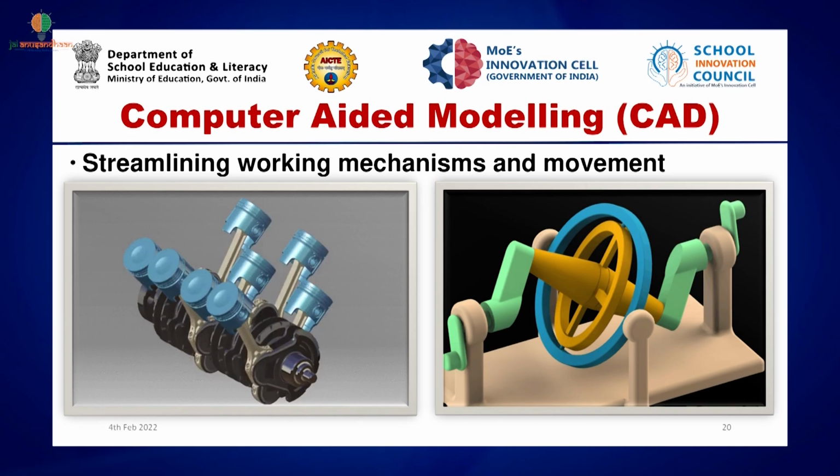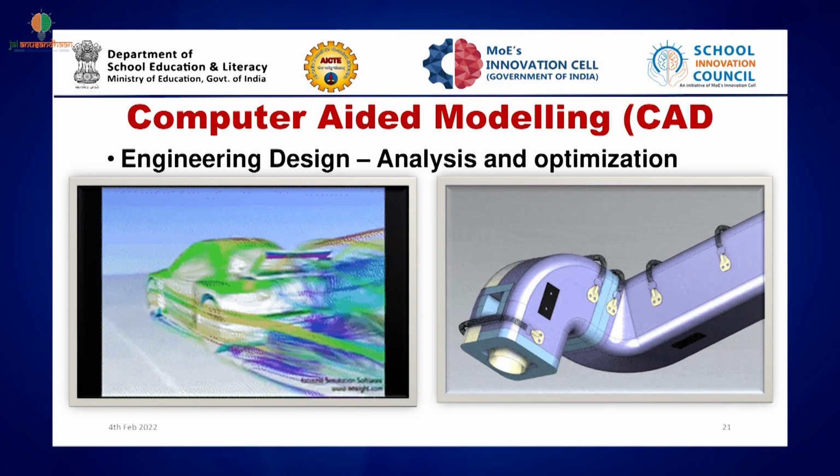Such as this is a model of a V engine. Then there are also mechanisms and movements which you can animate in CAD software if your product involves that. Also, a large scale engineering analysis is also possible in optimization.